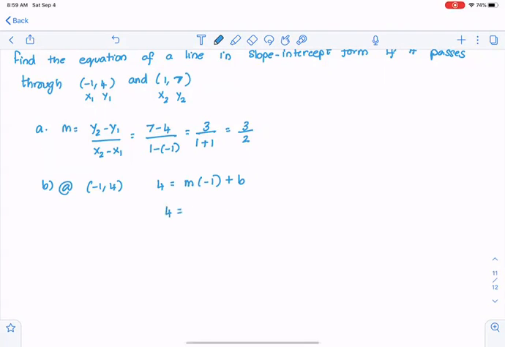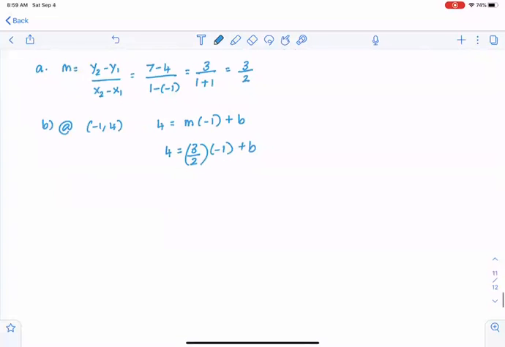But we just found the value of m, which is 3 over 2. Parentheses around a fraction, always a great idea. So 4 would equal -3 over 2 plus b. Move the -3 over 2 to the other side. It becomes positive 3 over 2.